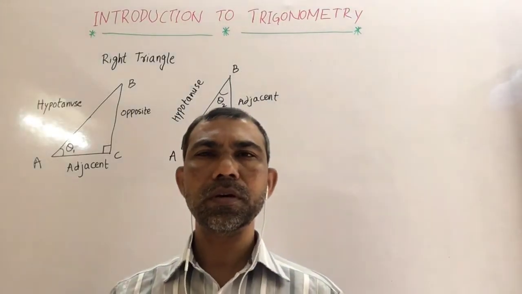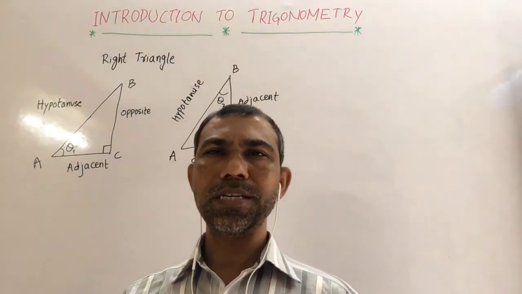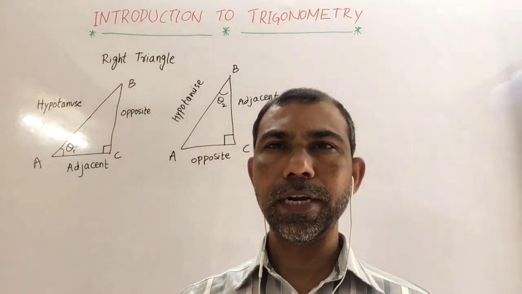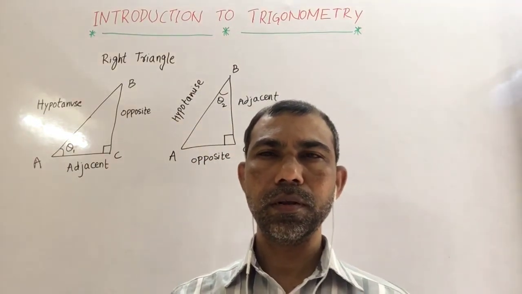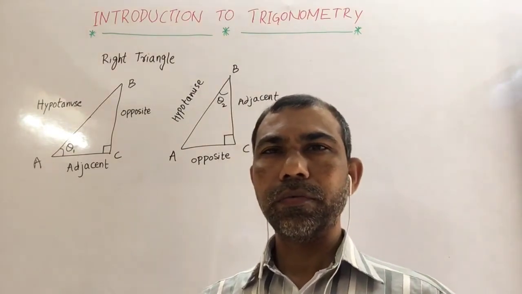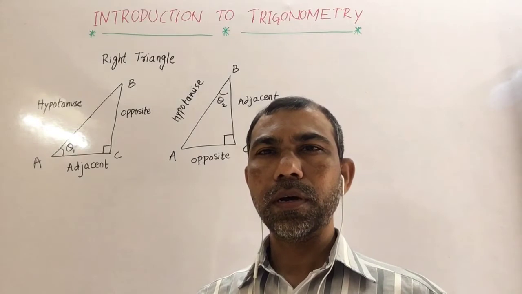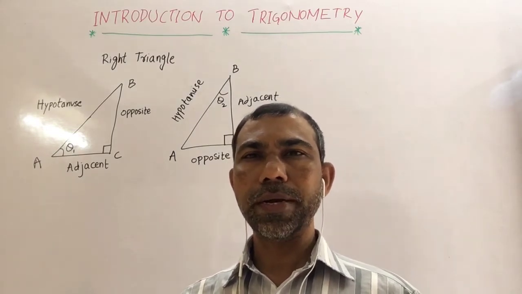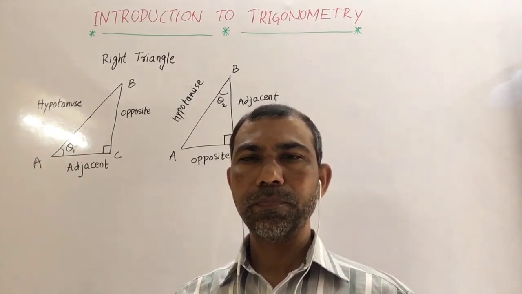Before moving to the topic, we need to understand a few terms related to the right triangle. A right triangle is a triangle where one of the angles is a right angle, that is 90 degrees.